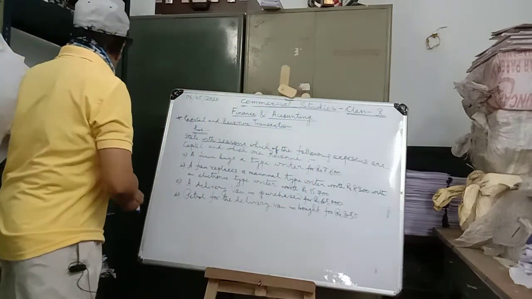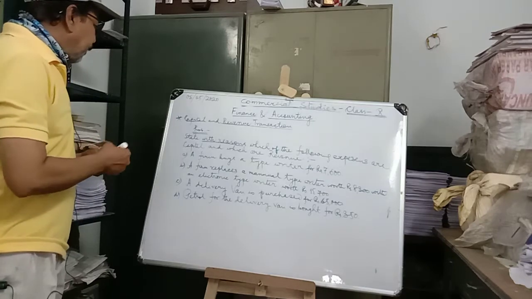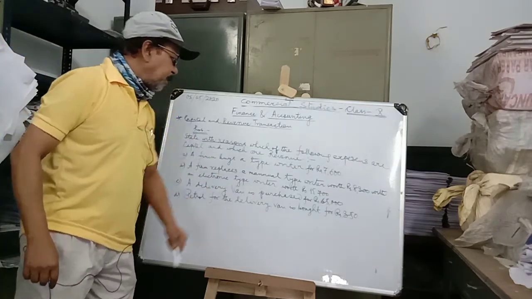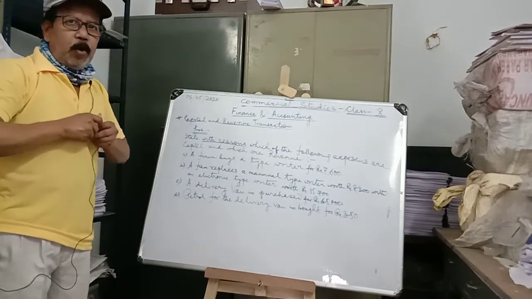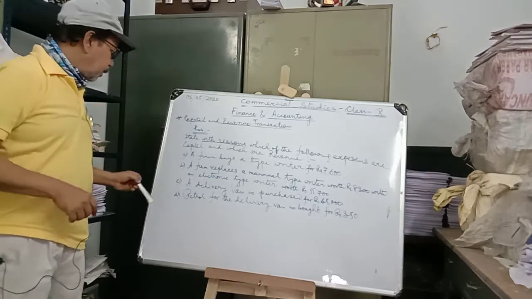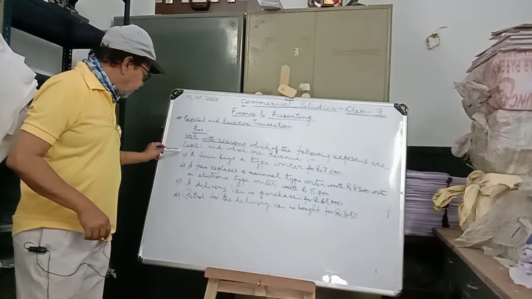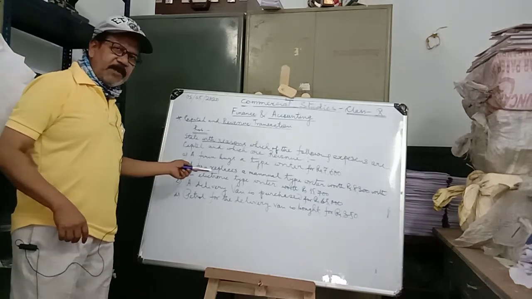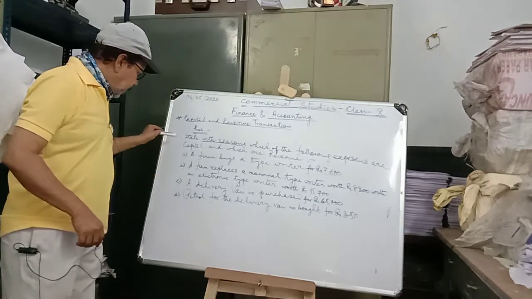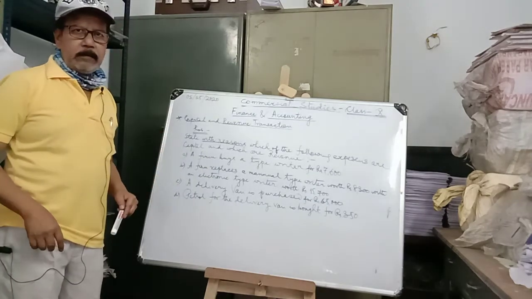A delivery van is purchased for rupees 65,000 and petrol for the delivery van is bought. These are separate transactions. You have to ascertain which one is a capital transaction and which one is a revenue transaction out of these four.